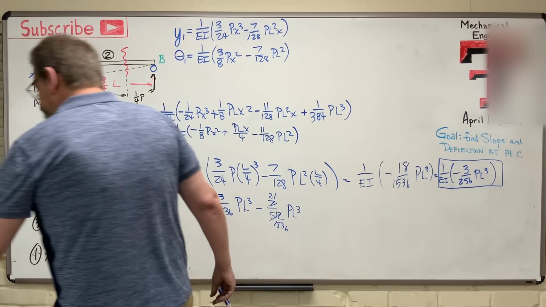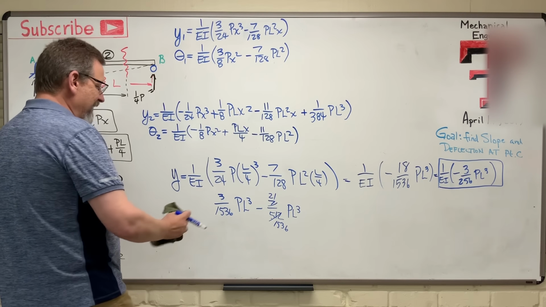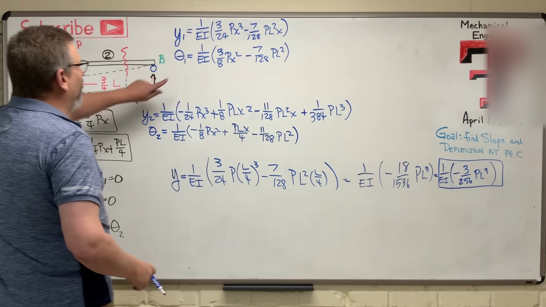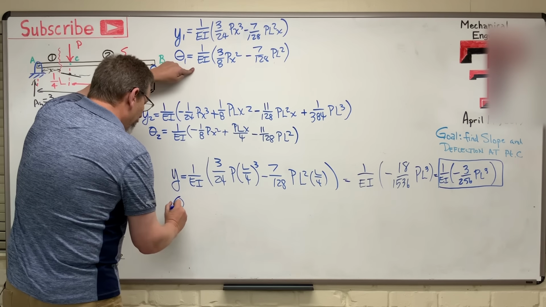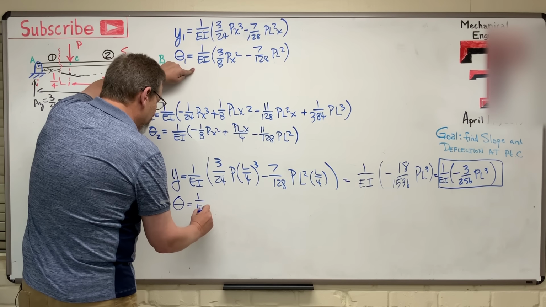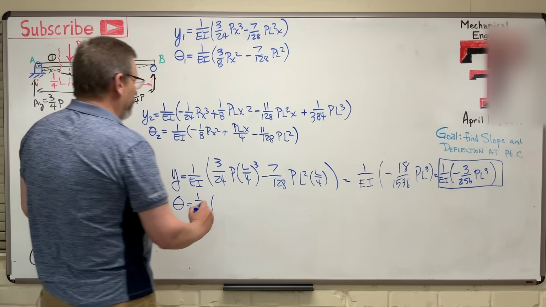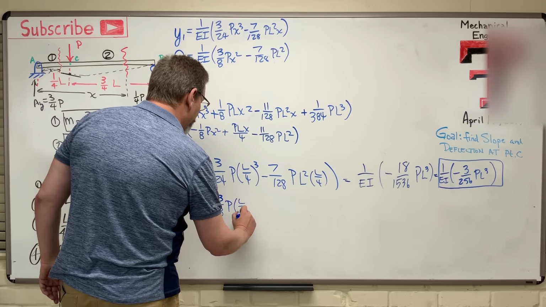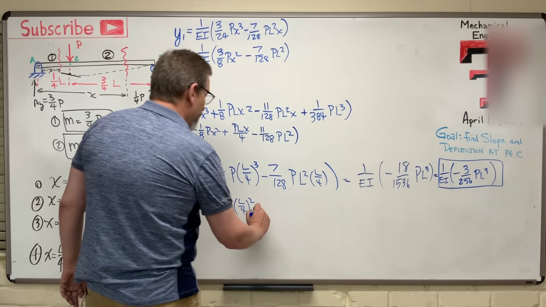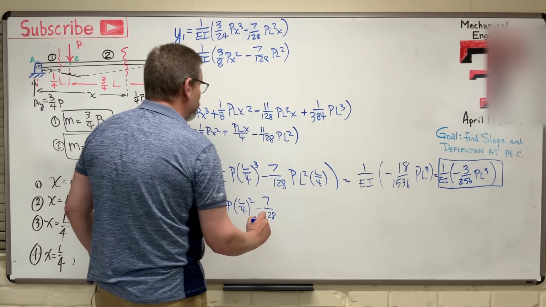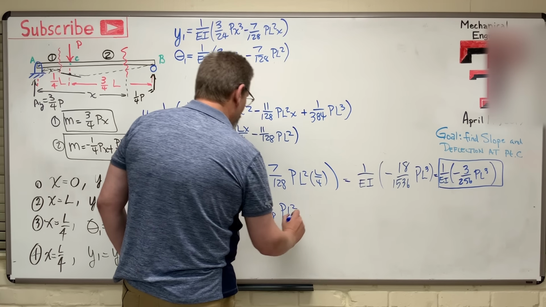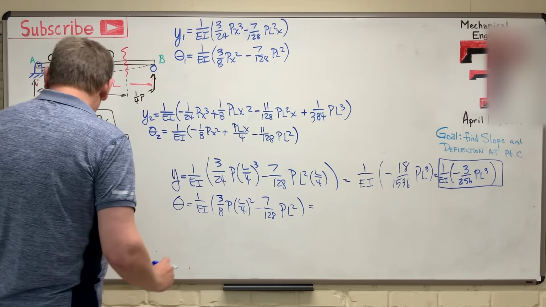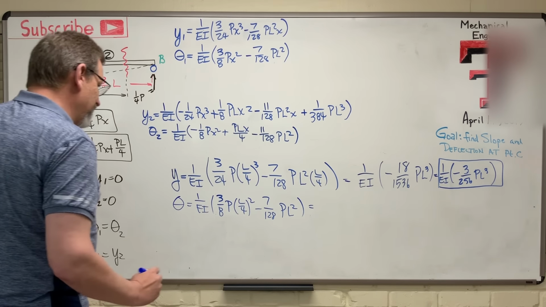I don't know if you're like my students, you hate to work these problems with letters in them, man. Okay, here we go. Let's find the slope. So theta is equal to 1 over E times I of 3/8 P times L over 4 squared minus 7 over 128 P L squared, which is equal to, 16 times 8 is 128, right?